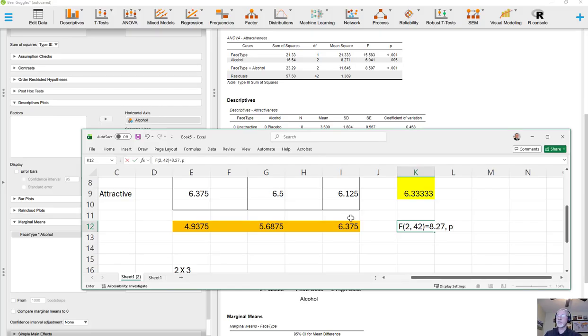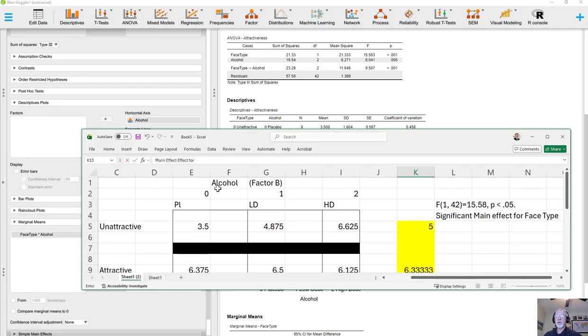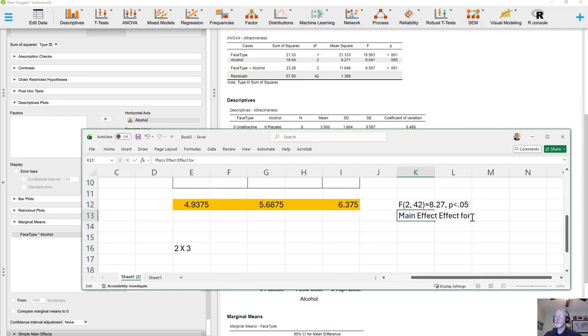P is less than 0.05, or you could say P is equal to 0.005. So that is my significant main effect for alcohol dose.